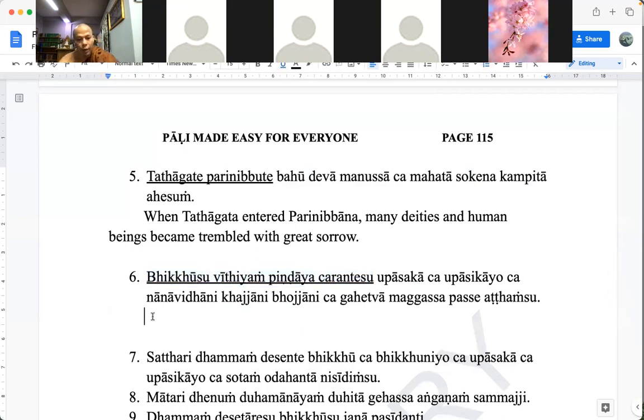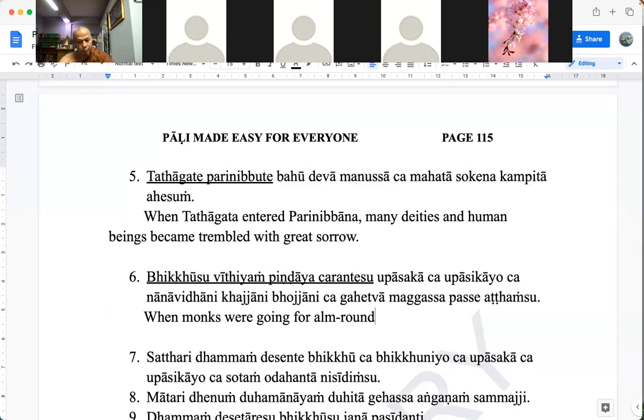Okay. So when the Bhikkhusu, monks, and Jarandisu were roaming or wandered or going, went also, where going, and Bindaya, alms round, Bindaya, alms round.